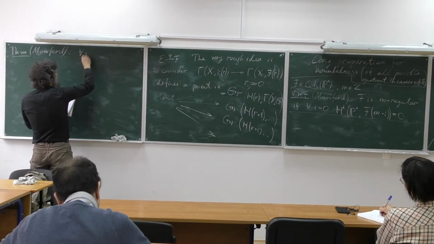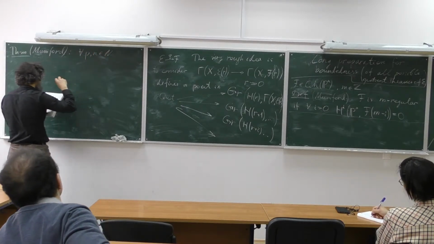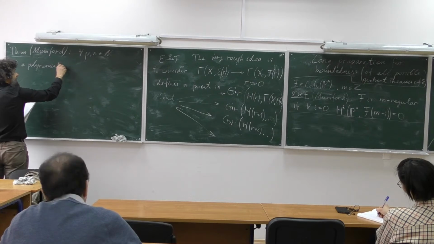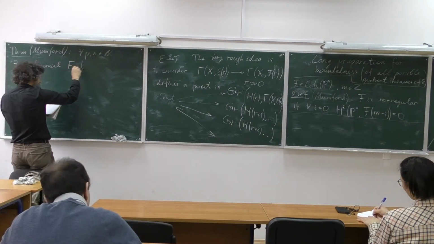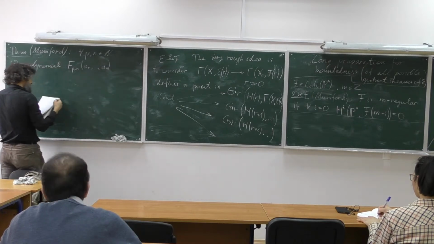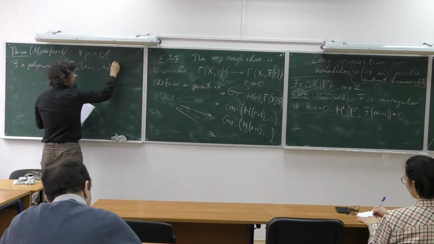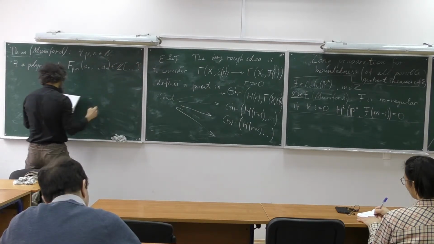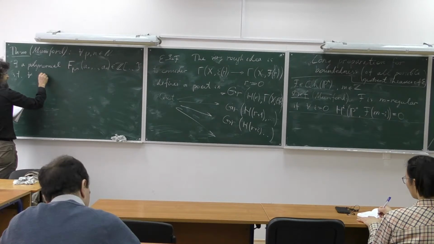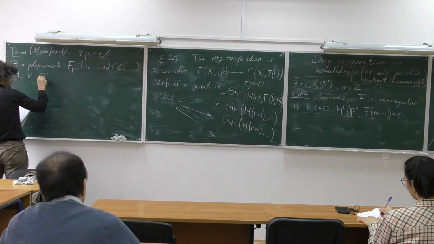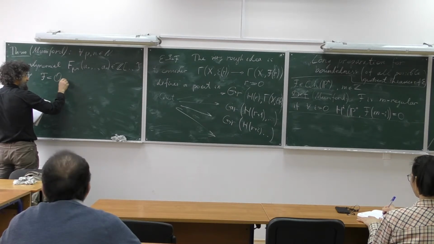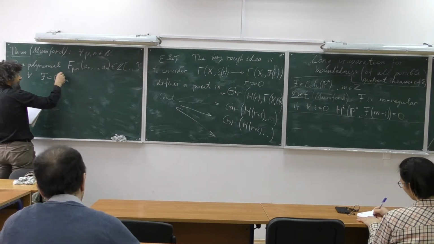So for all positive integers m and p, there is a polynomial F_{p,m} of m plus 1 variables with integer coefficients, such that for any sheaf on projective space, but such that it's not a quotient sheaf, but a subsheaf of the trivial structure sheaf, p copies.